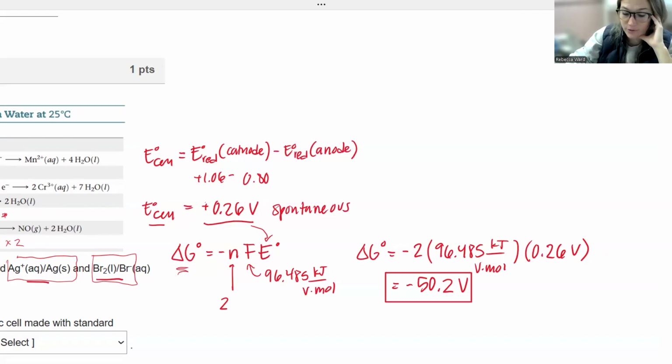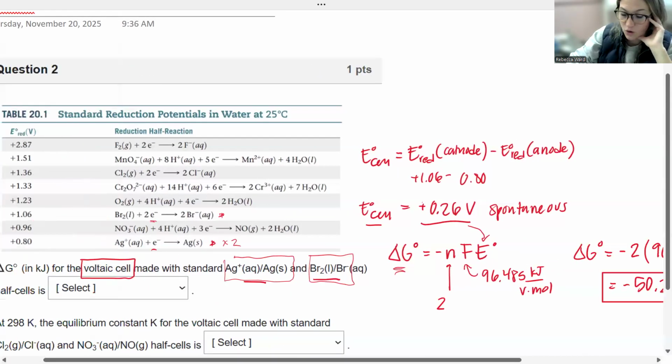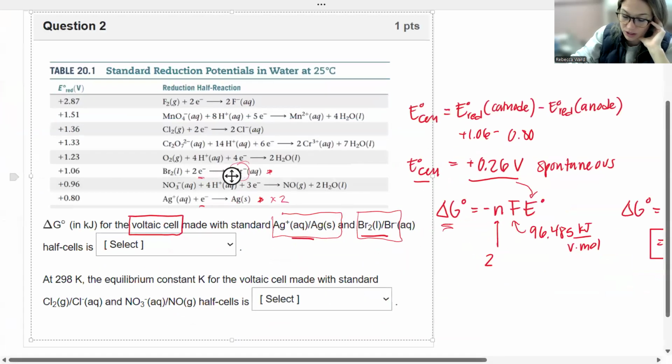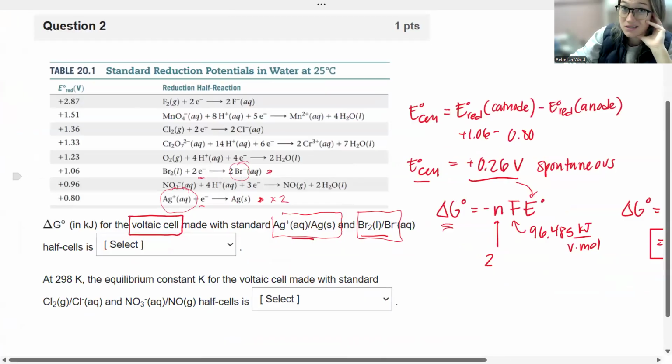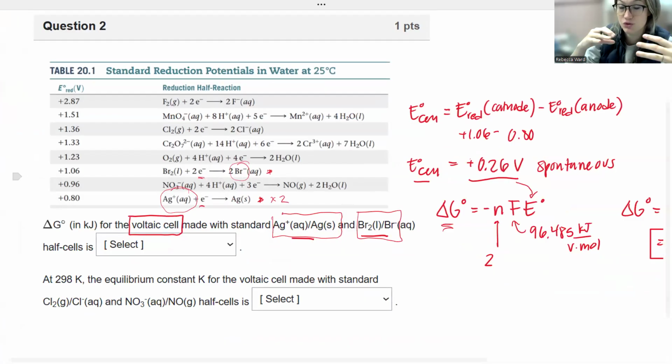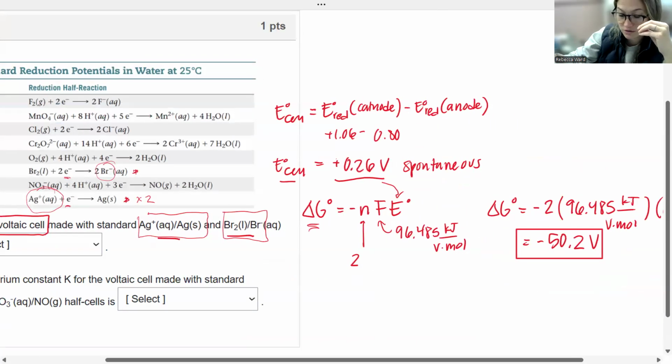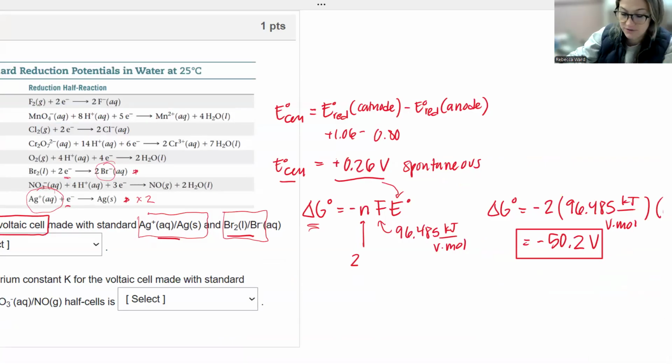What does that tell us? If we combine 1 molar of bromide and 1 molar of Ag plus, so if I have standard half cells of those two reactions, then it is spontaneous in the forward direction, which means I'm going to start giving electrons from silver over to bromine.